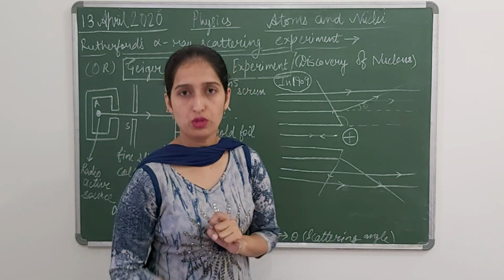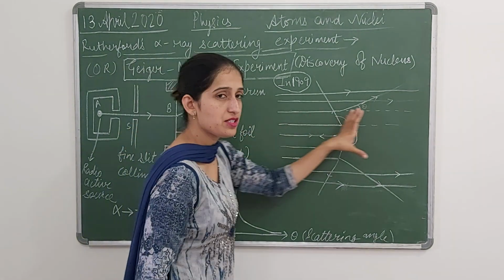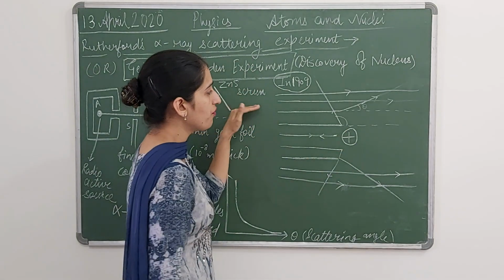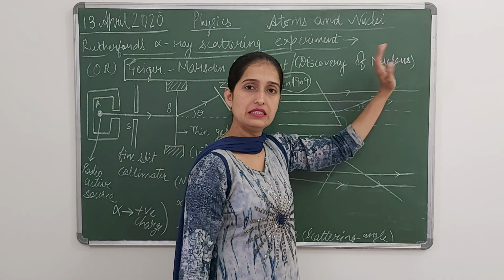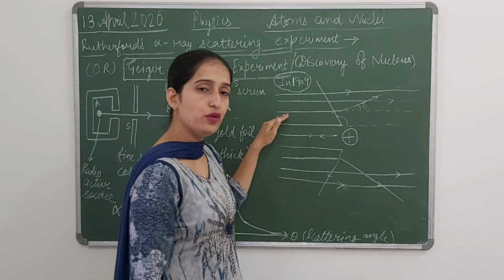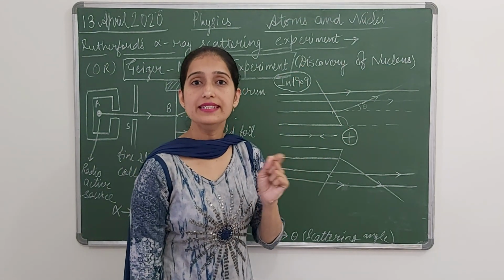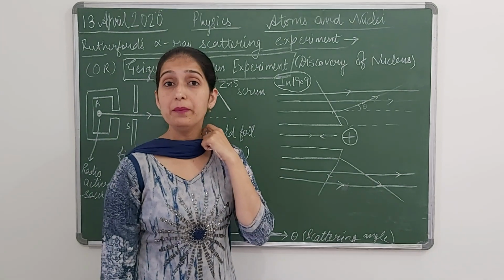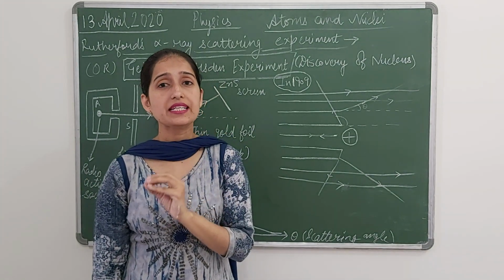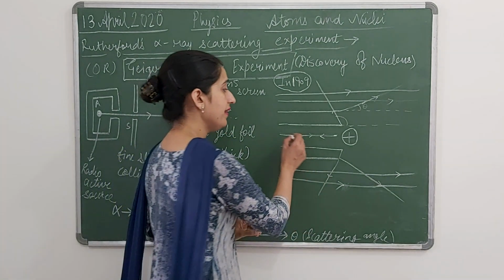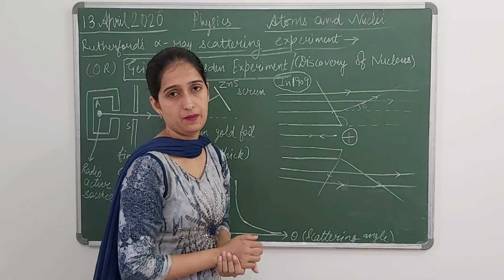I am repeating my points. Most of the alpha rays go straight. Few of them deviate through small angles. Very few will deviate by more than 90-degree angle, and one particle out of 8,000 or 9,000 particles will retrace its path.